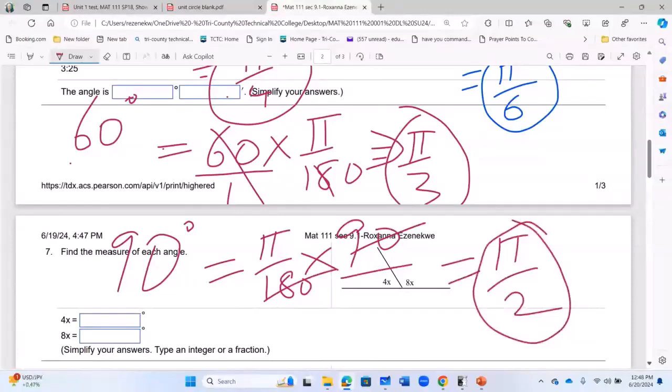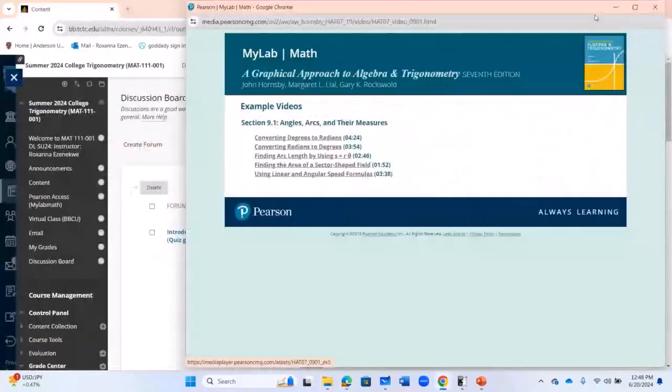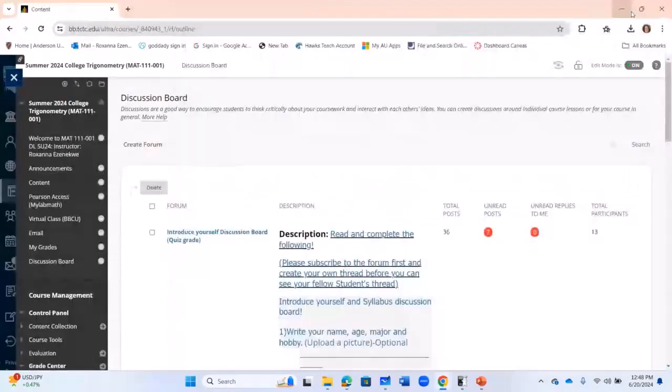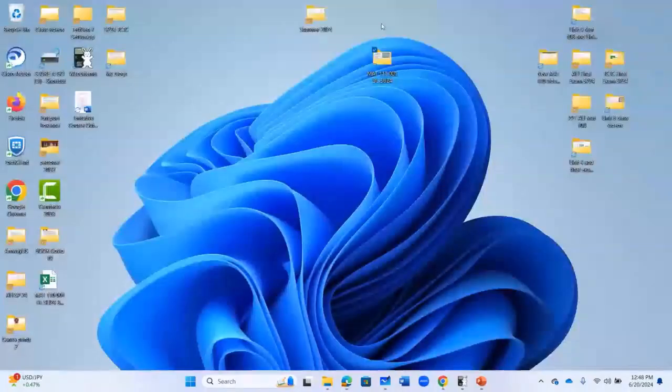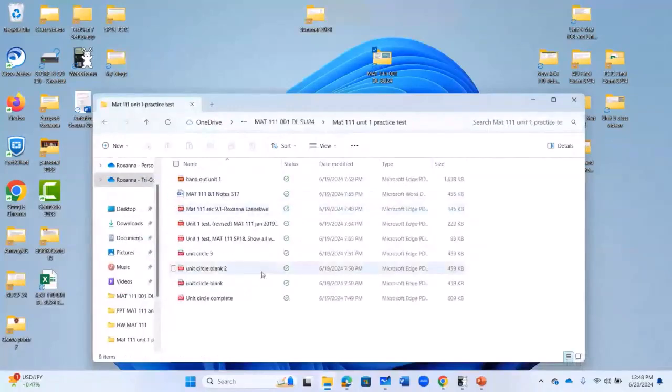So let me pull up a unit circle. Because there are so many things involved in what we are doing, it's not just one thing. So let me go to the main screen and pull up a unit circle. Okay, a blank unit circle is what I want to pull up.